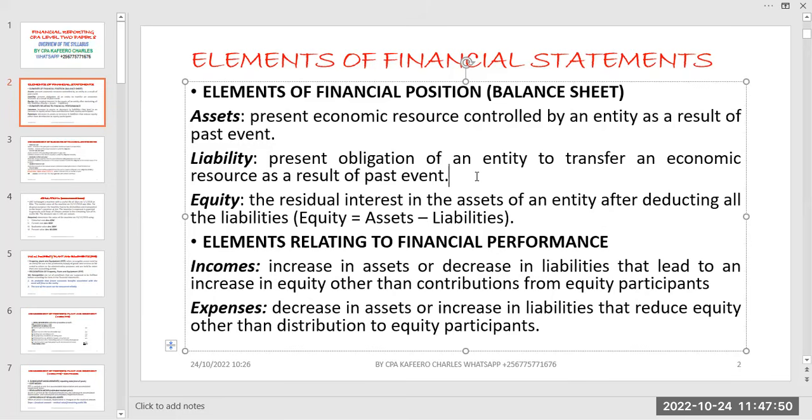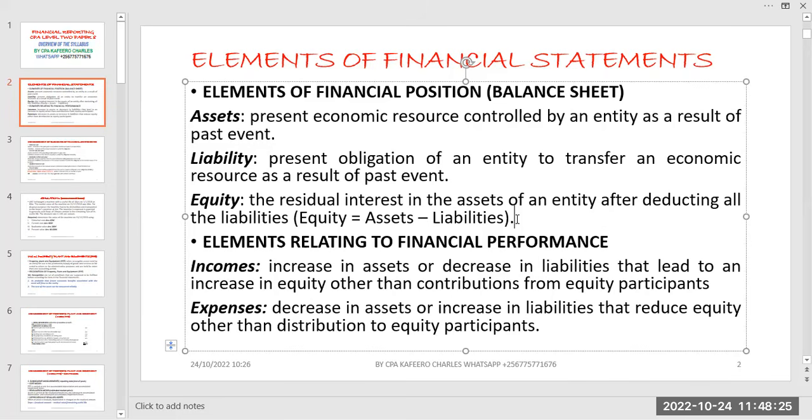The equity is the residual interest. We have to look at it as a residual interest. Here we also consider three items. We consider the residual interest, what remains in the assets of the entity when you have deducted all the liabilities. In other words, it's what remains after settling all the liabilities.